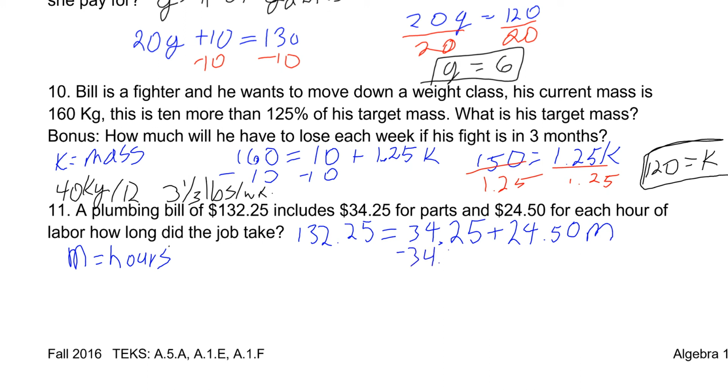That's going to leave me with 132.25 minus 34.25. So it's going to give me 98 left for labor, equals 24.50 M. So we divide each side by 24.50.